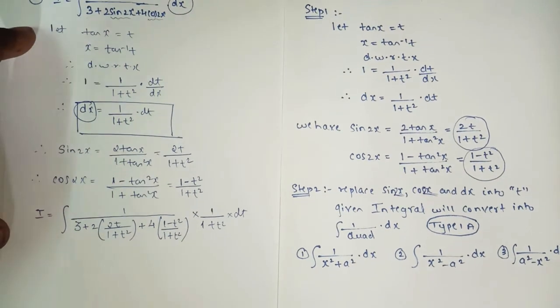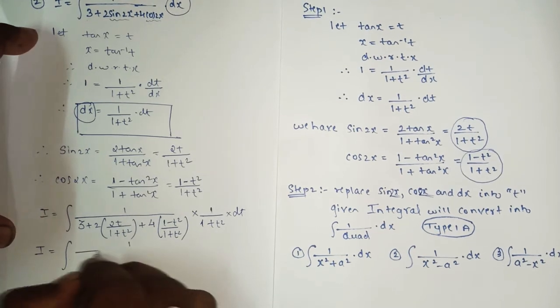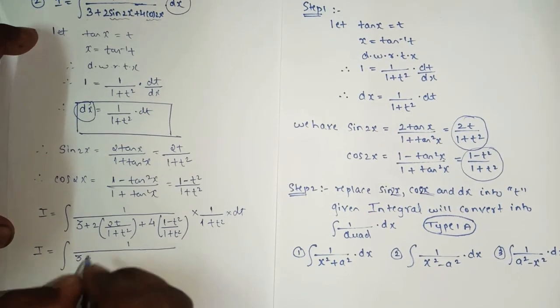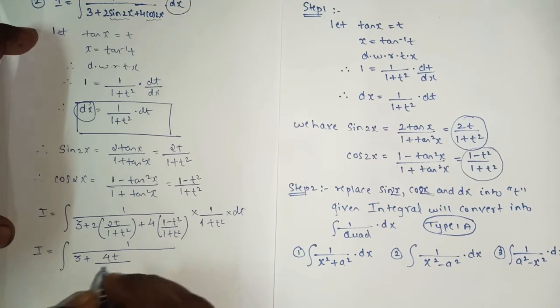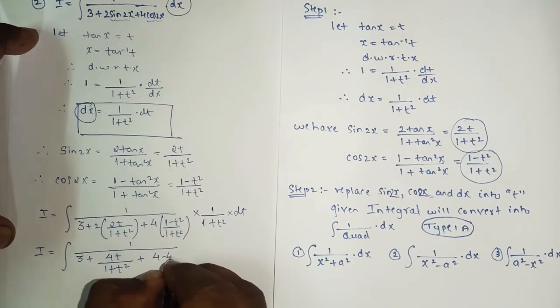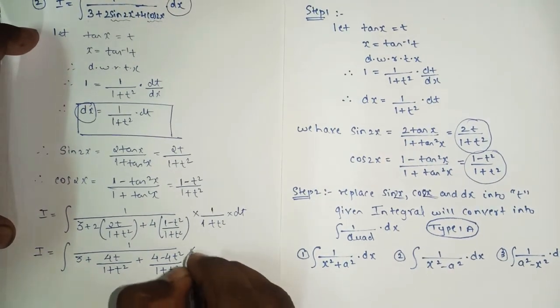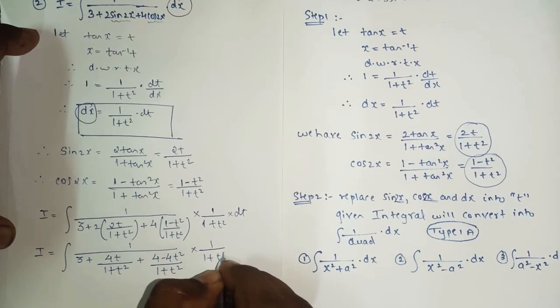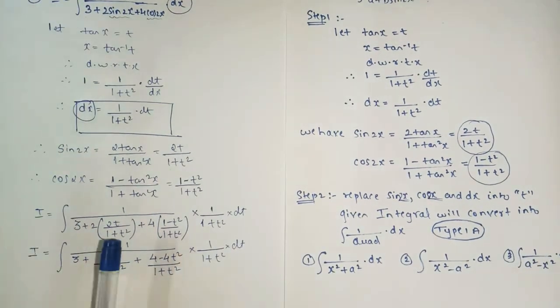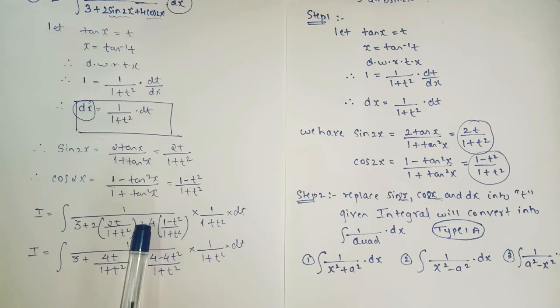Okay, so here I equals the integral of 1 upon 3 plus 4t upon 1 plus t square plus 4 minus 4t square upon 1 plus t square, into 1 upon 1 plus t square into dt. Here I multiplied 2 into 2t, so we got 4t, and bracket open with this 4, so it will be 4 minus 4t square.